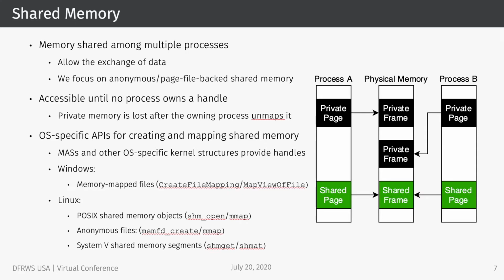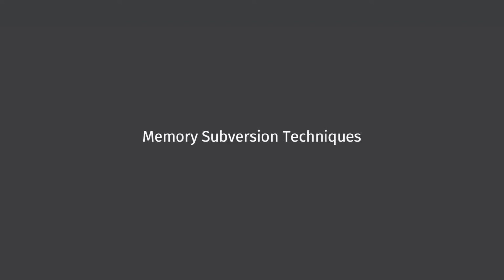Typically, shared memory is accessible until no process has a handle to it anymore, whereas private memory is mapped into only one process and thus is lost after the owning process unmaps it. To create a shared memory segment, operating systems usually provide dedicated APIs and store referencing handles within all kinds of kernel data structures. So with these fundamentals in mind, I now want to introduce our anti-forensic techniques.